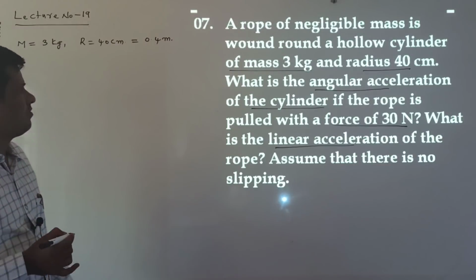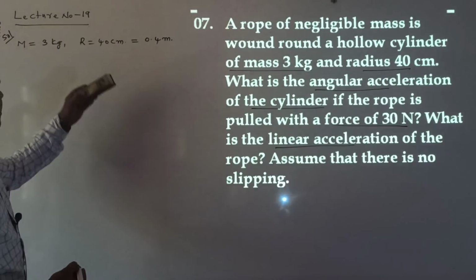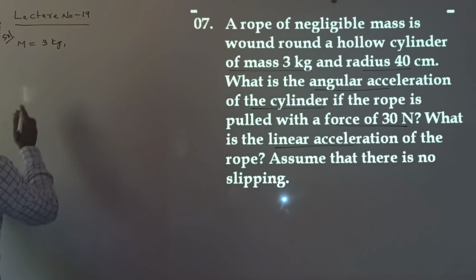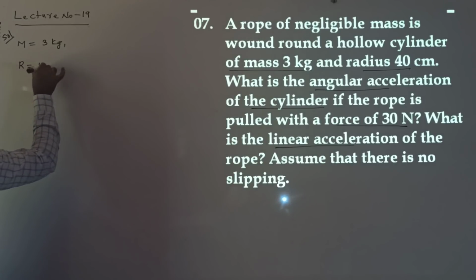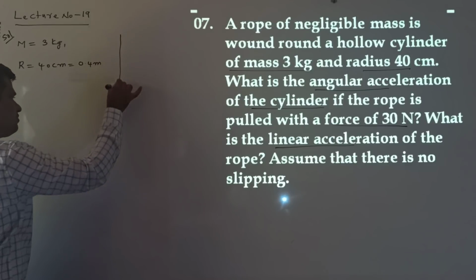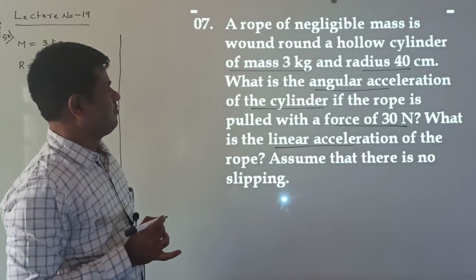First of all, I am writing the solution. Given values: R is equal to 40 centimeter, which means 0.4 meters. Right, that is the radius given.